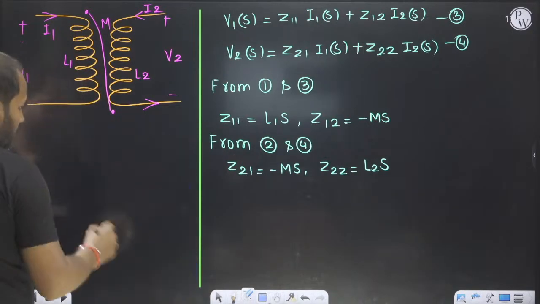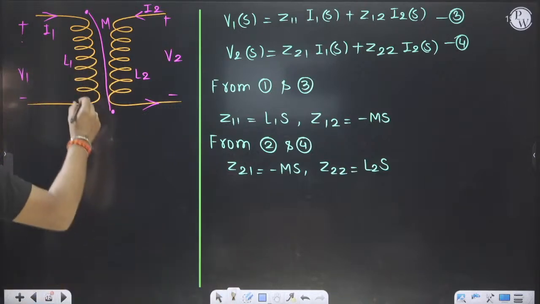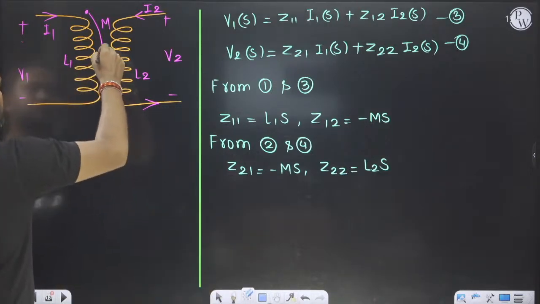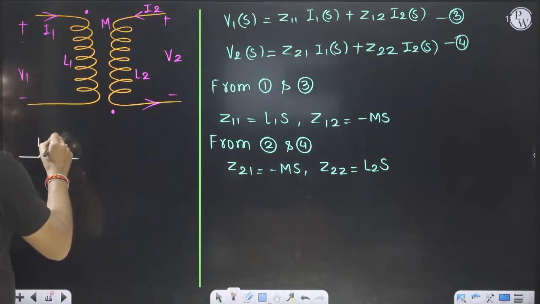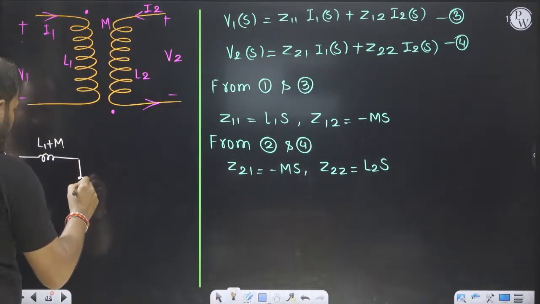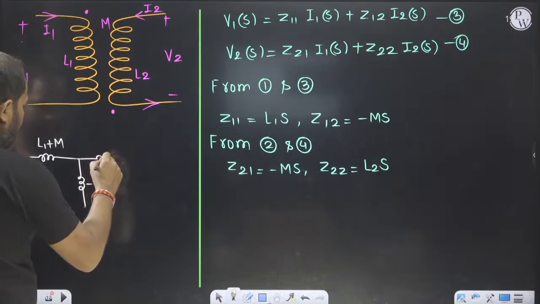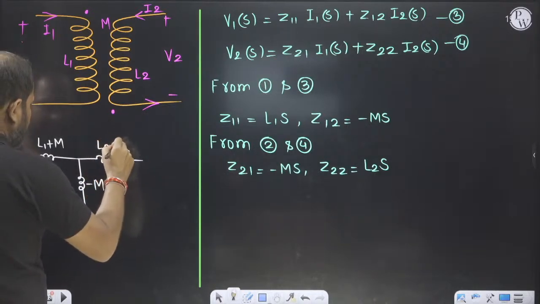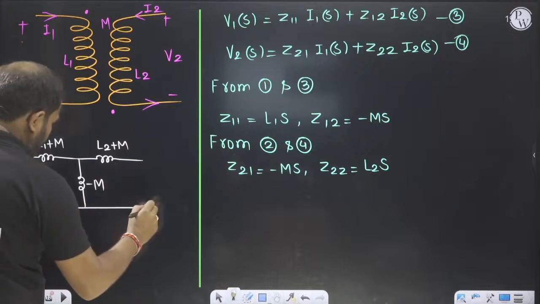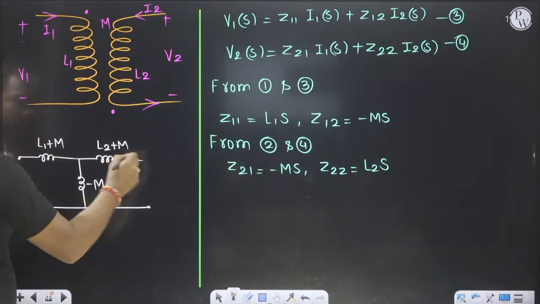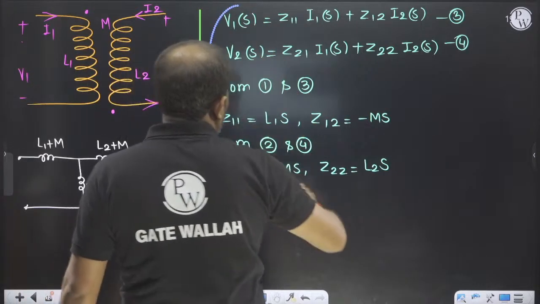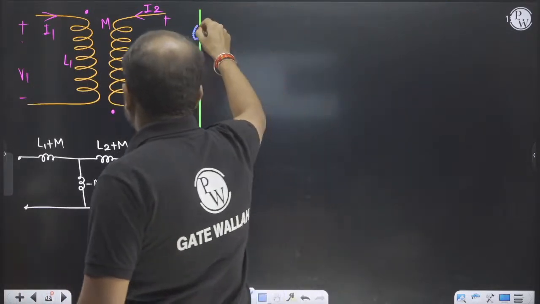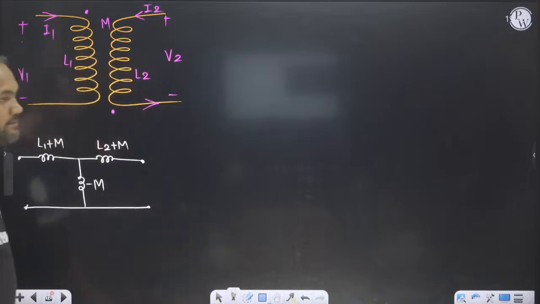The T network for this transformer is L1 plus M, minus M and L2 plus M. This is the T network for this transformer.